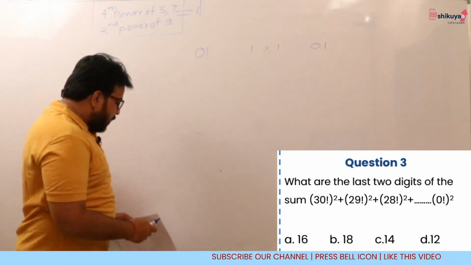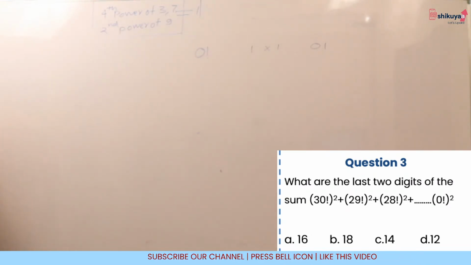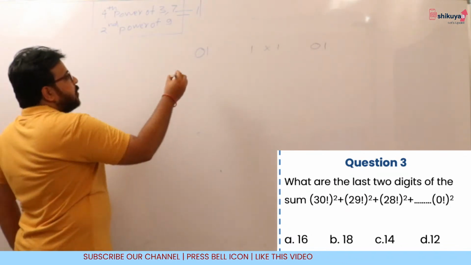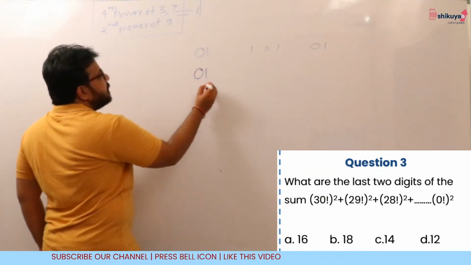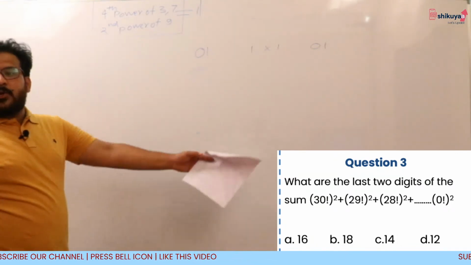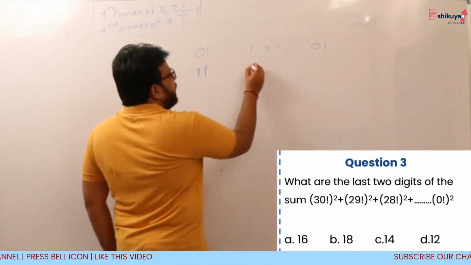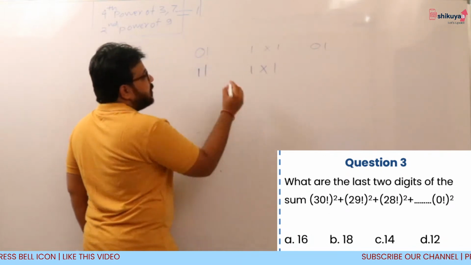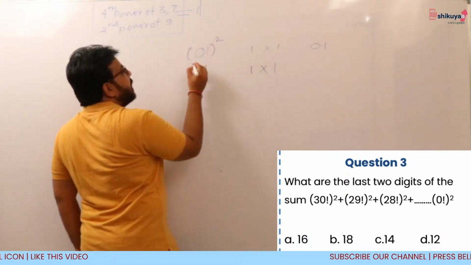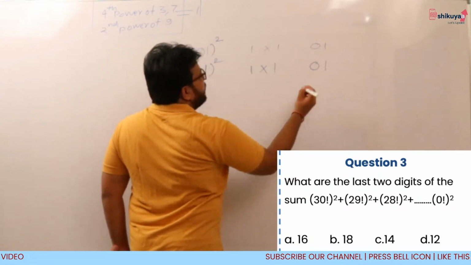I hope the board is visible to everybody. So look here, 0 factorial is 1, 1 into 1 is 0, 1. Now look at 1 factorial. Again 1 into 1, because this is the square. So that goes to 0, 1.